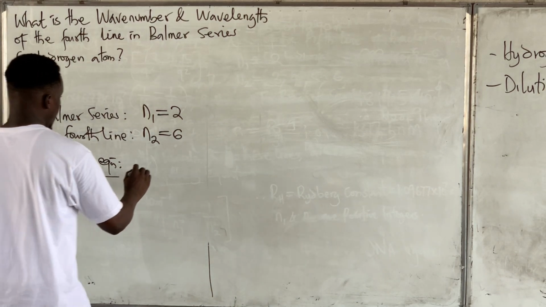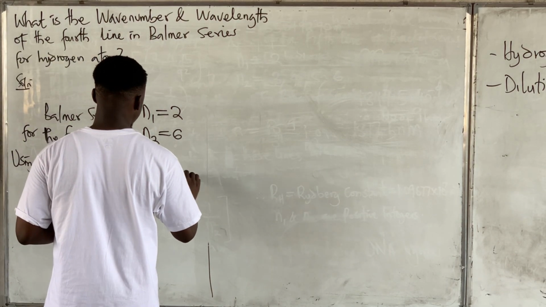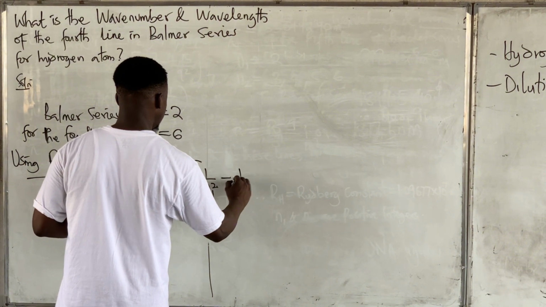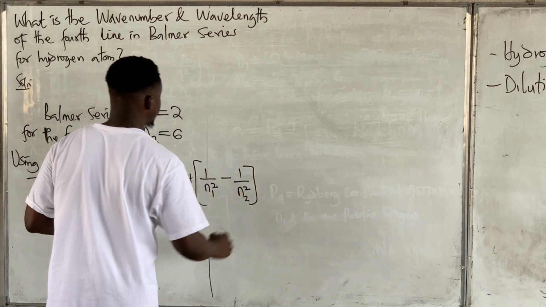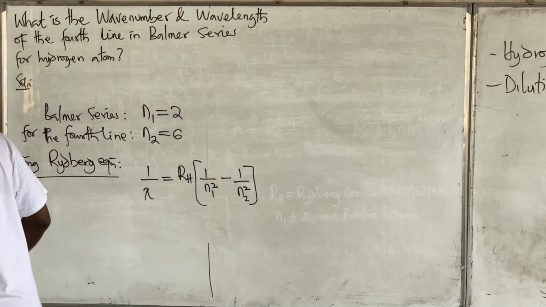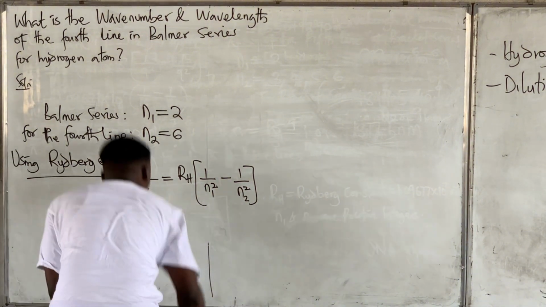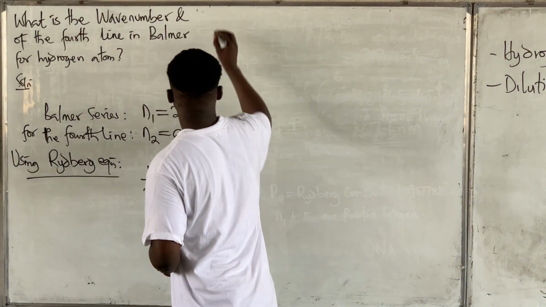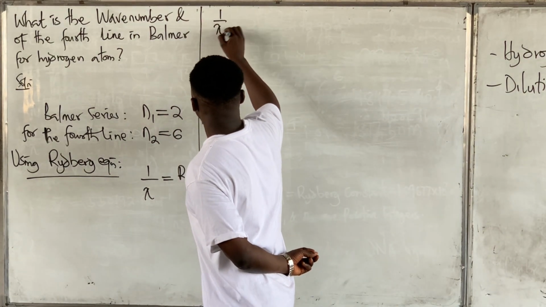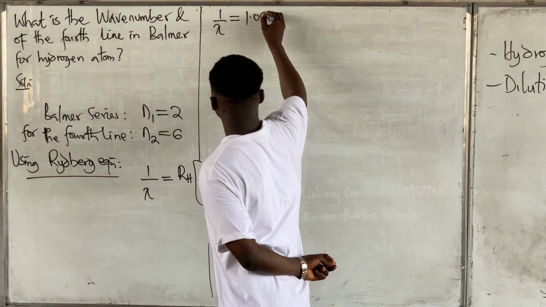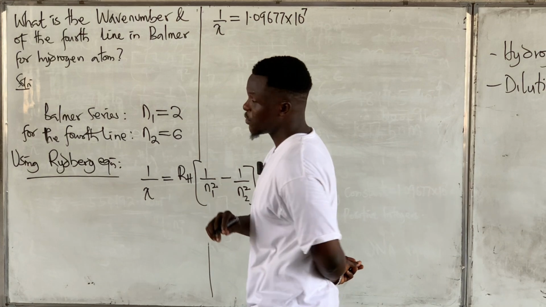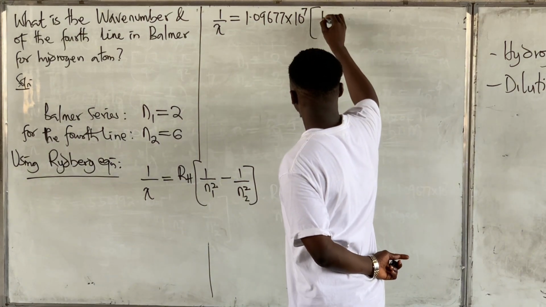This becomes 1 all over lambda equals RH times 1 all over N1 squared minus 1 all over N2 squared. So we have 1 over lambda equals 1.09677 times 10 raised to the power of 7, not minus 7, all over 1.